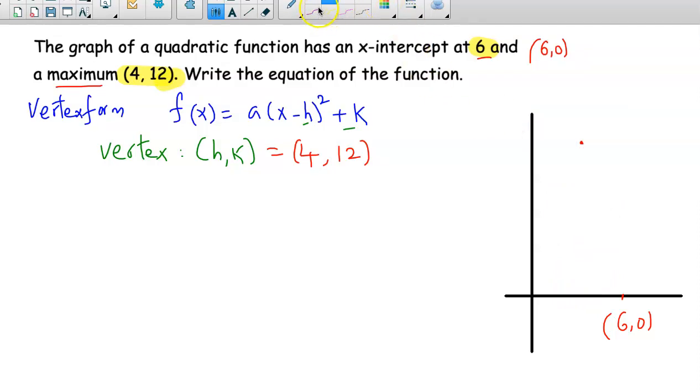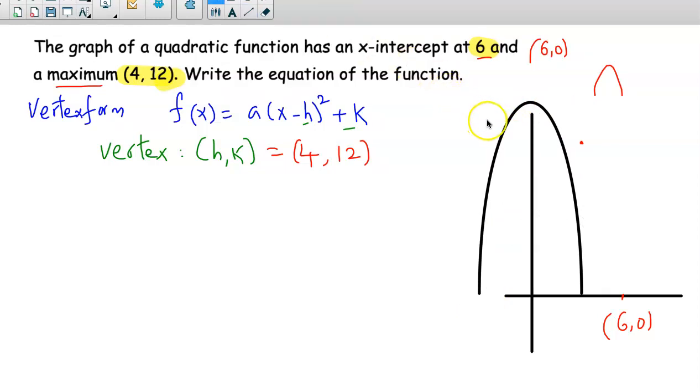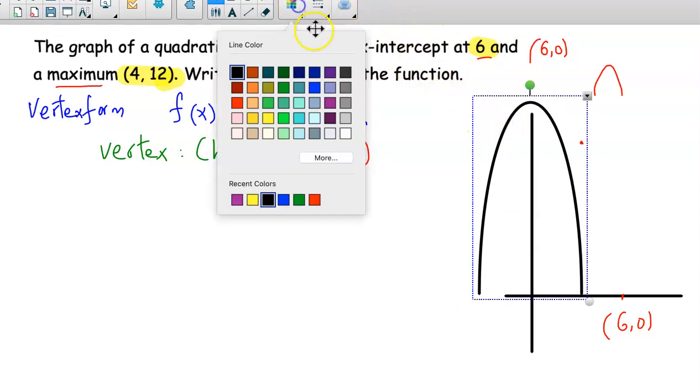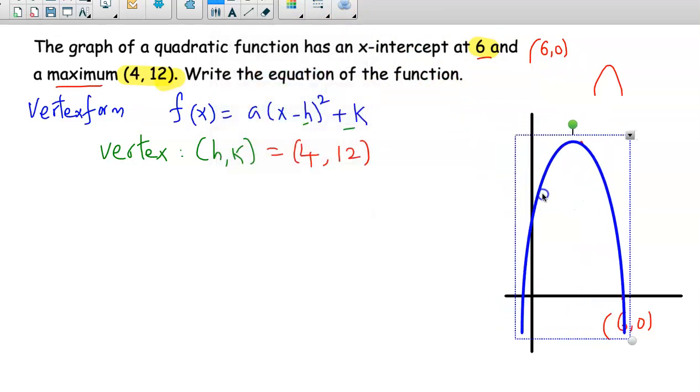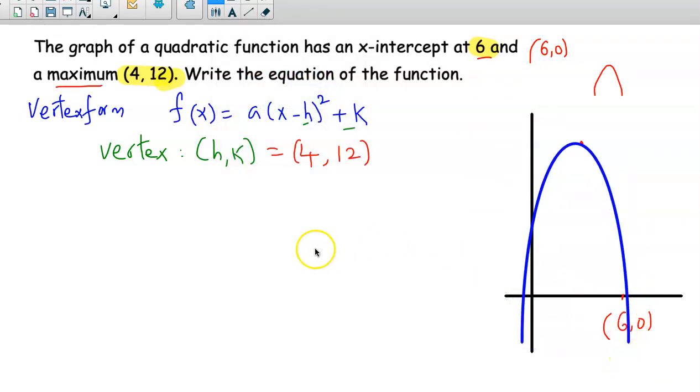As you know it is a maximum value, the graph is going to look like this. It opens downwards. Approximately your graph should appear like this.